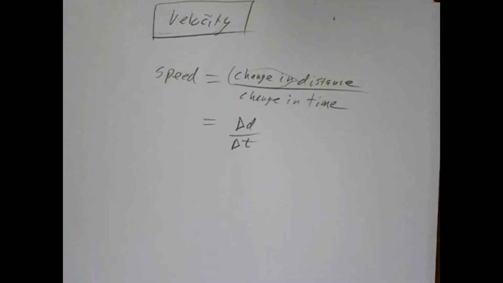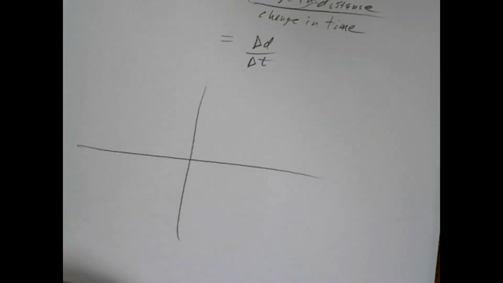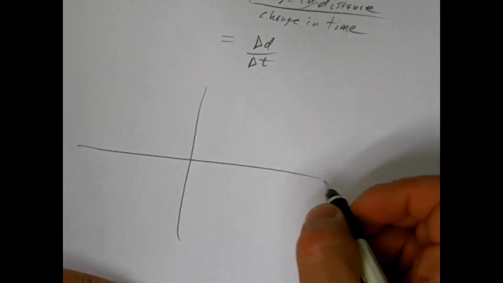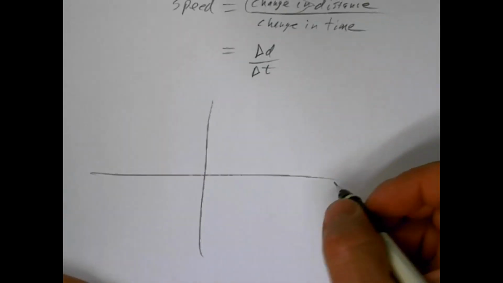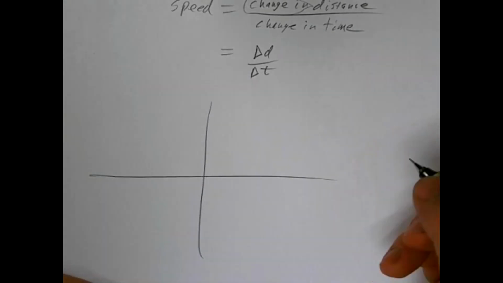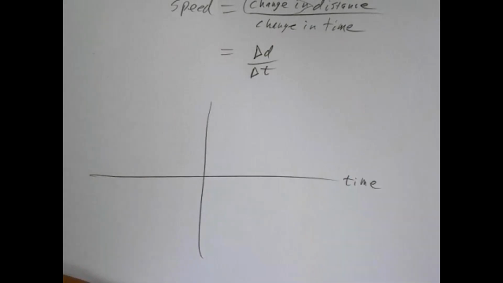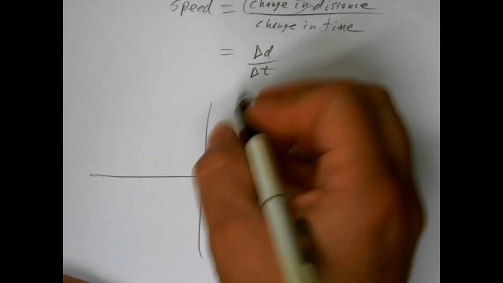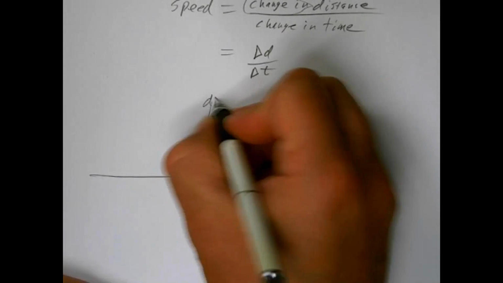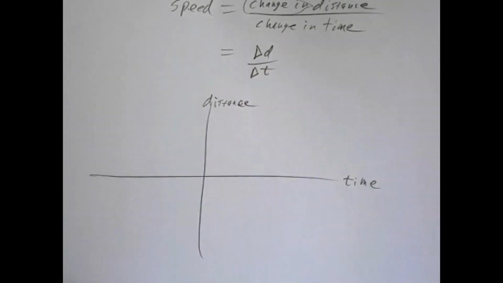All right? So if I were to draw for you the graph of the movements of a car, let's say that on the x-axis, we're going to tell you what time it is, and on the y-axis, we're going to tell you what distance has been traveled at that time.